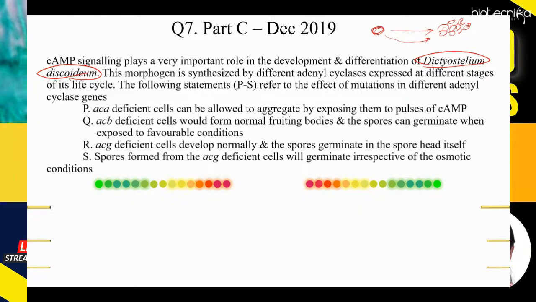But here, how does this organism get multicellular? It gets there by aggregation. Single cells send off some CAM signaling, because of which the other cells come close and form an aggregate. So this CAM signaling plays a very important role in the development. And once this aggregate has formed, it will behave like an organism.